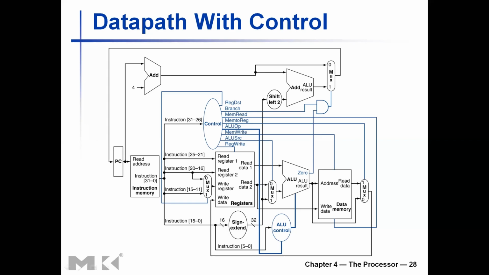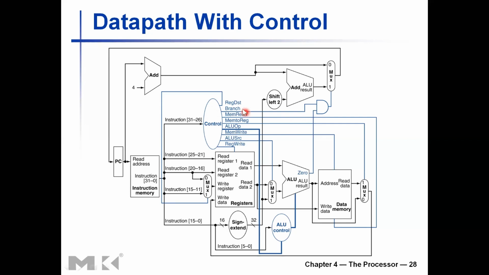Branch if equal. Yes. For branch if equal instructions, that signal applies. So what does it do? What is it trying to do?